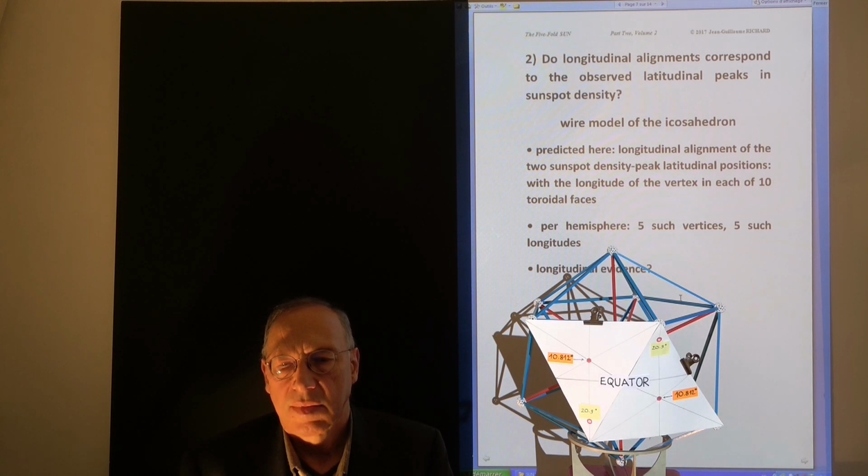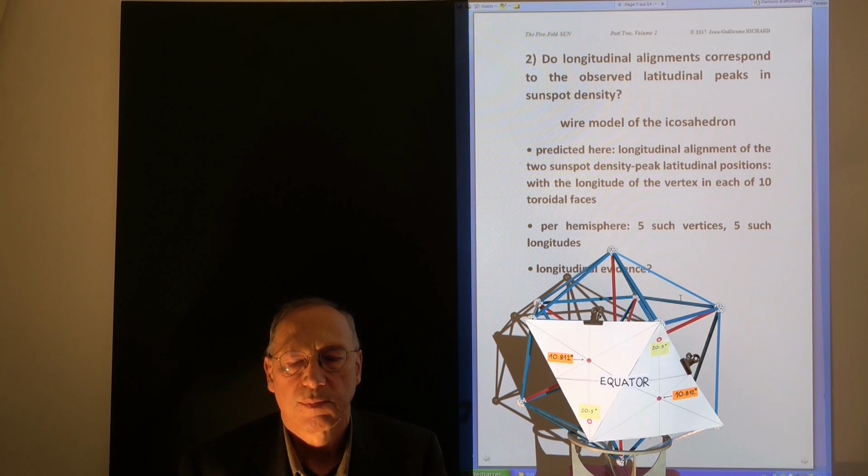So there are 10 such longitudinal lines, because there are 10 toroidal vertices in the icosahedron. Per hemisphere, there are 5 such vertices and also 5 such longitudes.